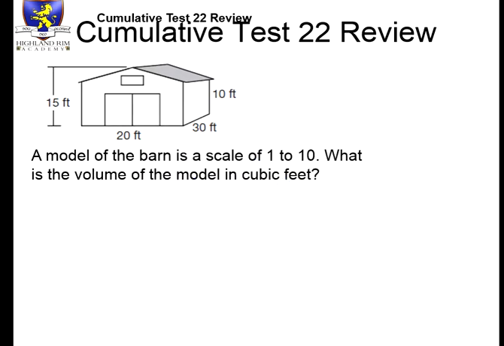Now for this problem, we have to go back and remember what we had for the volume of the barn, because now we have to find the volume of a scale model if the scale is 1 to 10. So the scale is going to be 0.1, and since we're doing volume, we cube the scale, right? So 0.1 cubed is equal to 0.001.